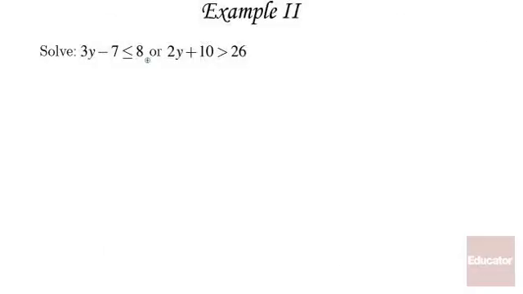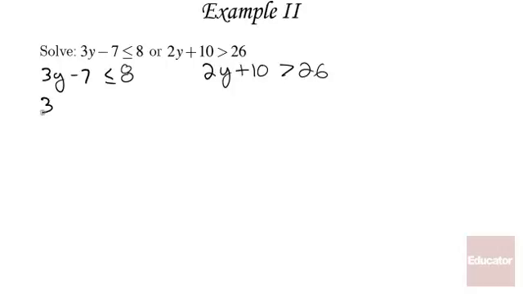The second example is a compound inequality joined by the word or. So I'm going to go ahead and solve both of these and find the union of the solution sets. Adding 7 to both sides gives me 3y is less than or equal to 15. Divide both sides by 3, y is less than or equal to 5.